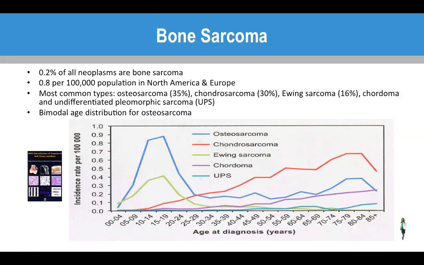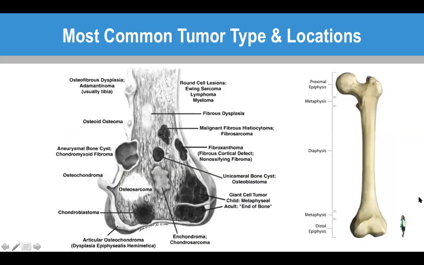Osteosarcoma, chondrosarcoma, and Ewing sarcoma can occur in long bones and flat bones. Chordoma has a very specific location, which we're going to talk about in that section, so please pay attention to the specific location. And UPS, as we said, is rare and a diagnosis of exclusion. This shows the most common bone tumor types and their location.